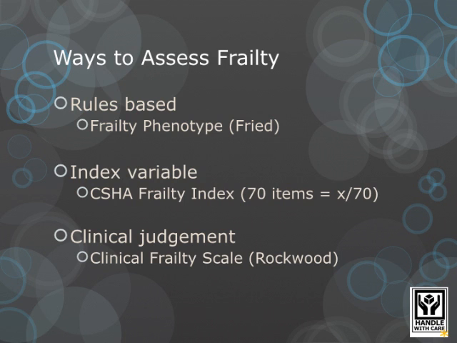Another is an index variable, and an example is from the Canadian Study of Health and Aging, which has 70 items, and you count them up and get a ratio of X over 70. And then there's clinical judgment, and an example of that is the Clinical Frailty Scale.